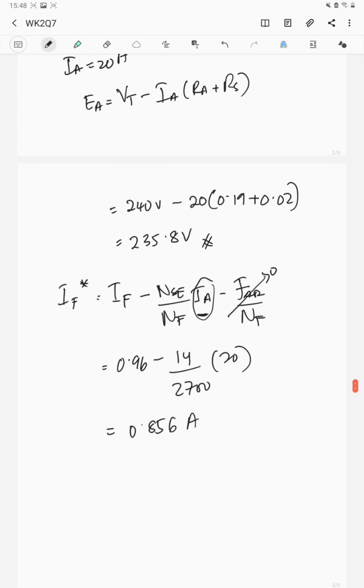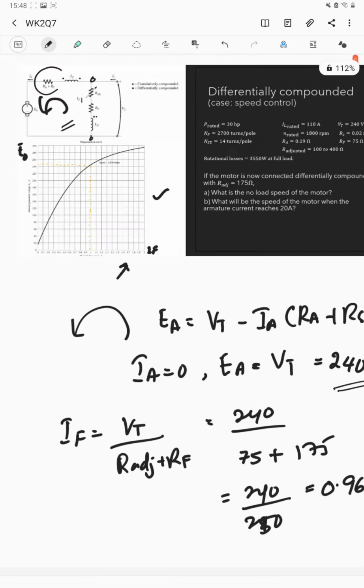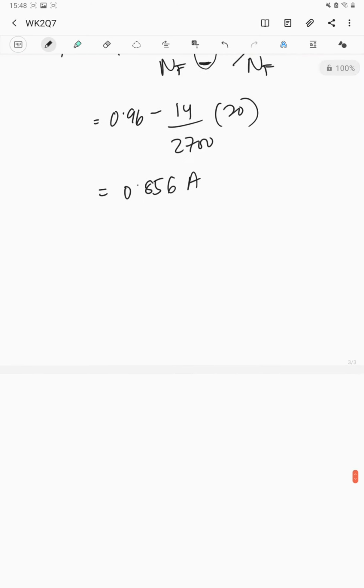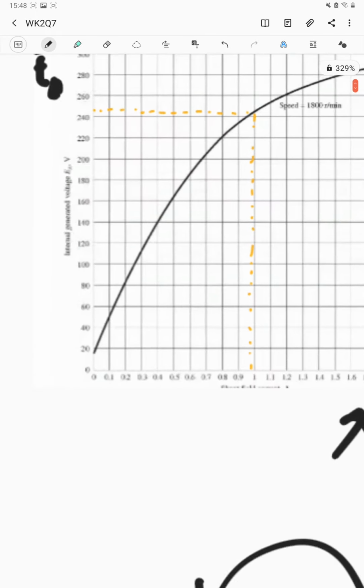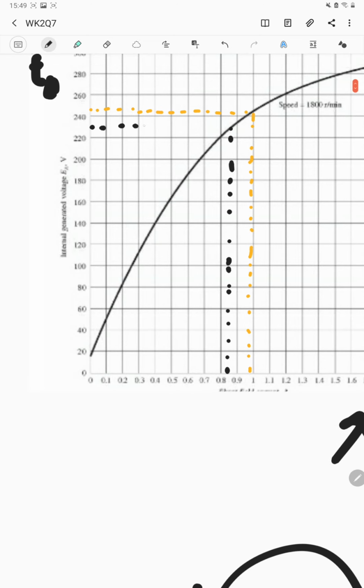Therefore in the magnetization curve, the EA reference will be different now, because the magnetic flux, or the magnetomotive force inside the machine, is reduced because of the load, because of the current that flows into the armature circuit. So if we look back at the magnetization curve for 0.856, it is somewhere here in the middle, closely to 230.